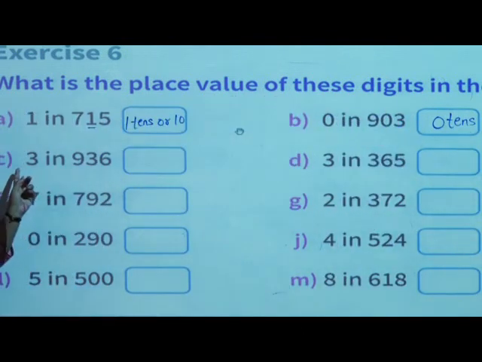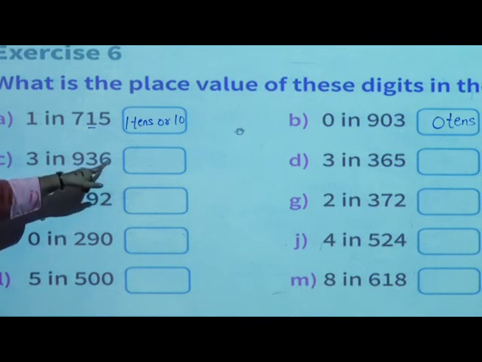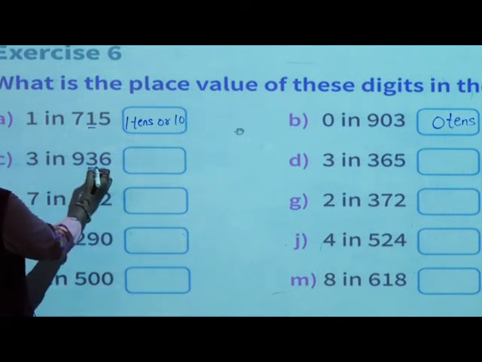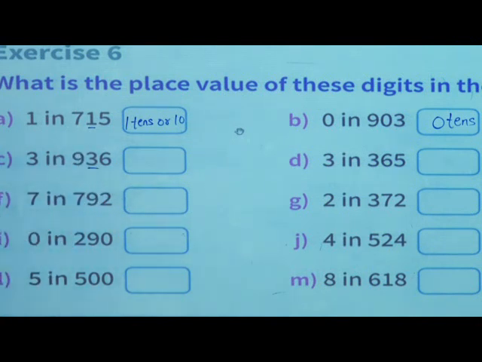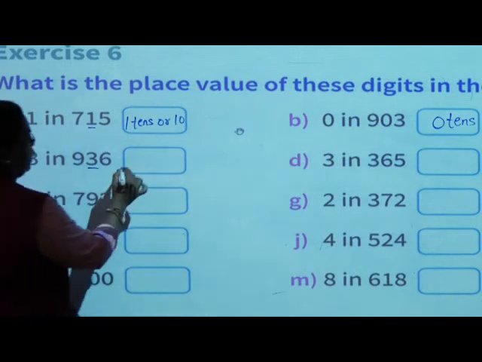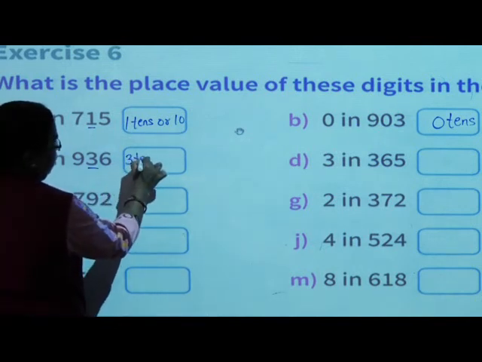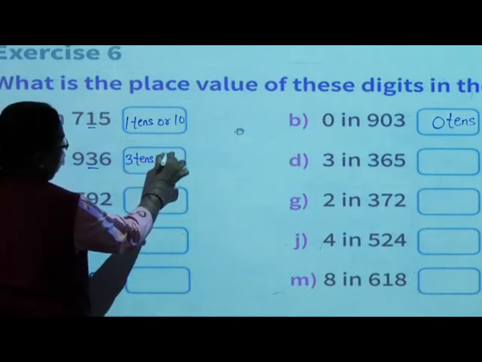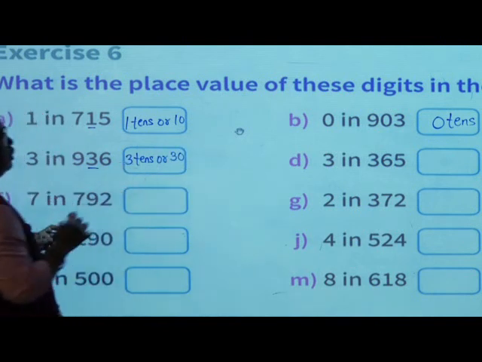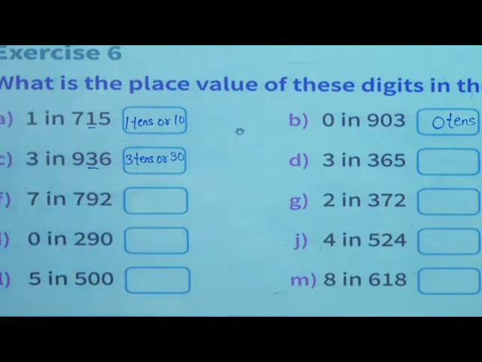Now see C1: 3 in 936, which means 9 hundreds, 3 tens, 6 ones. Now this 3 is in which place? Tens place. So 3 tens or 30. The place value of 3 is 3 tens or 30.